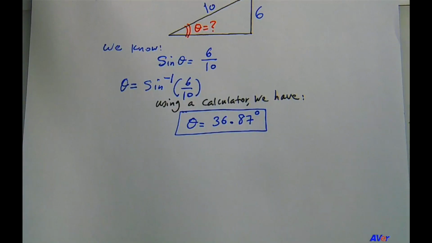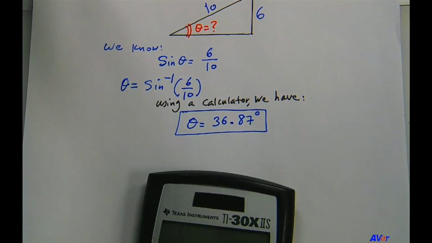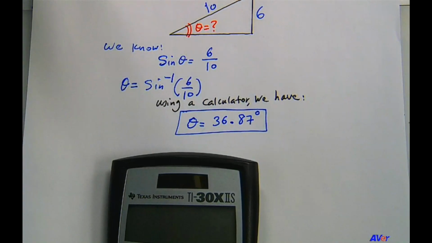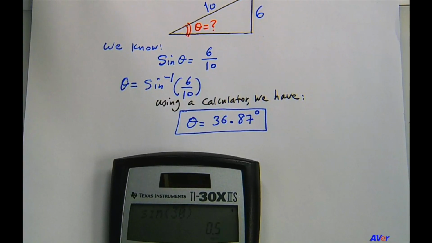You can set the calculator to give you radians. I'm not sure if I know how to do that. Let me bring my calculator here. Do I know how to go from degrees to... In this calculator, I don't believe you can, but let's see.